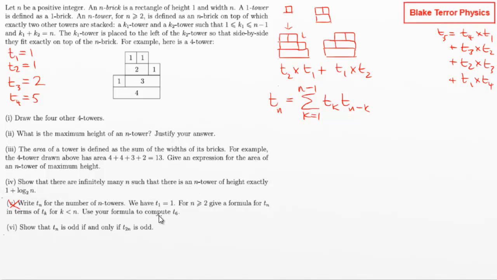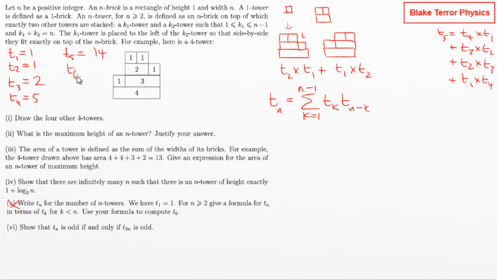Use your formula to compute T6. Right, so T5 then is going to be equal to 5 plus 2 plus 2 plus 5. Seems to be what we've got, doesn't it? So we've got 14.